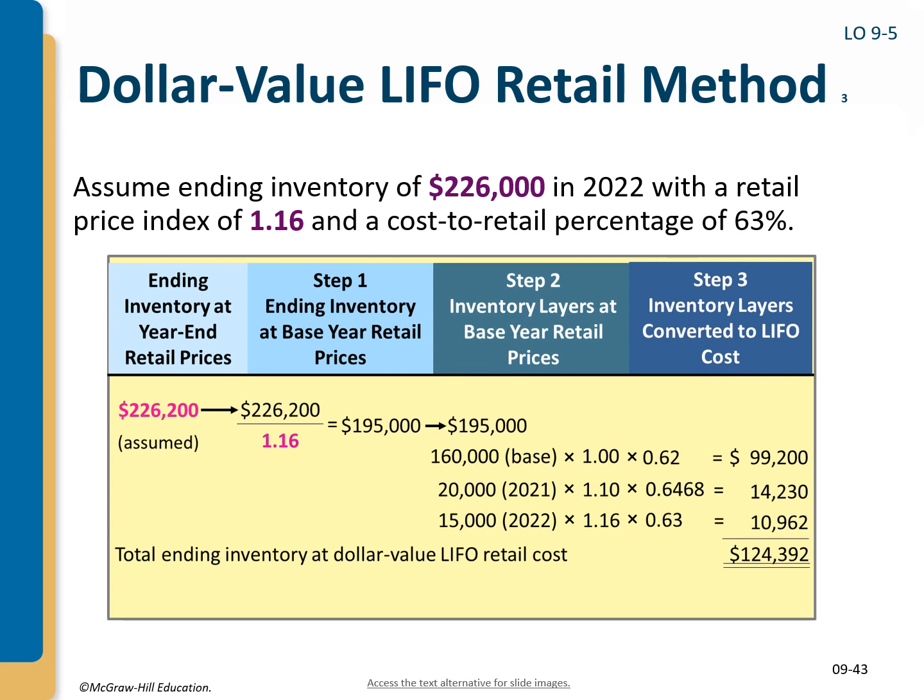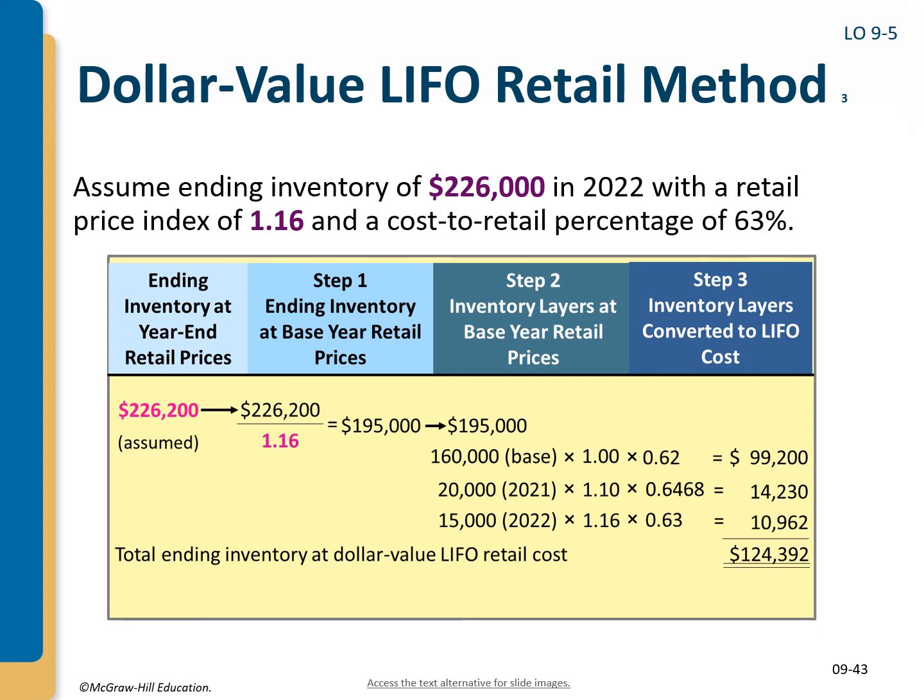We're going to follow the same procedures. Take the end of the year 2022 divided by the retail price index, 1.16. That gives us a retail value of our current ending inventory at base year retail price. So the first 160,000 of that will be valued at 100%. The next 20,000 of the 195 is valued at 1.10 retail price index.